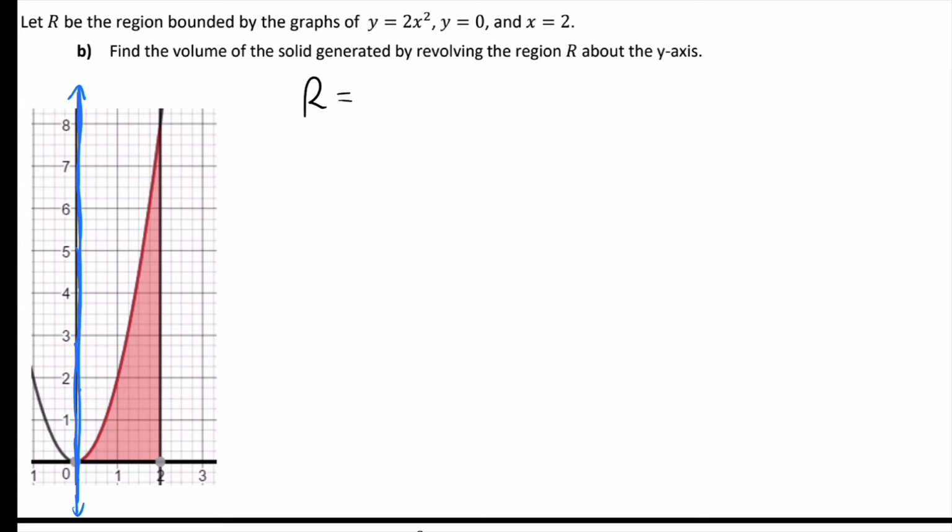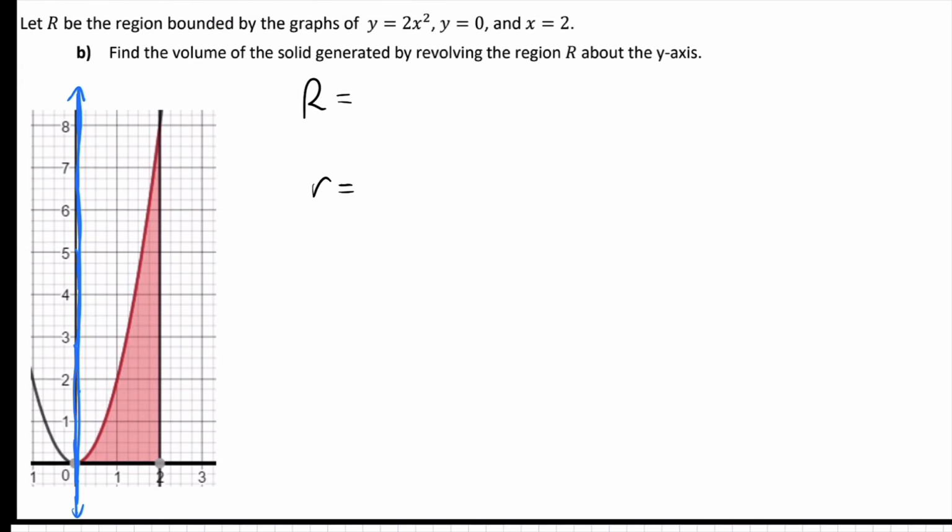Okay, so since it revolves about the y, we're still going to have to do big R, little r. Anytime we're finding big R and little r, we start with the axis of revolution. So I'm going to make a dot on the axis of revolution, anywhere within the bounds.